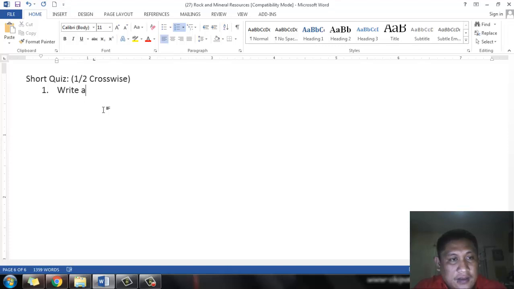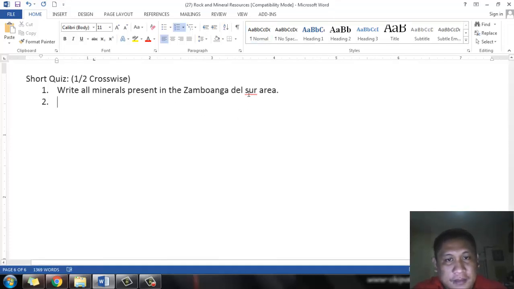Then, what you will do is write all minerals present in the Zamboanga del Sur area. Write Zamboanga del Sur, capital letter S. Then plot the active and inactive volcanoes.